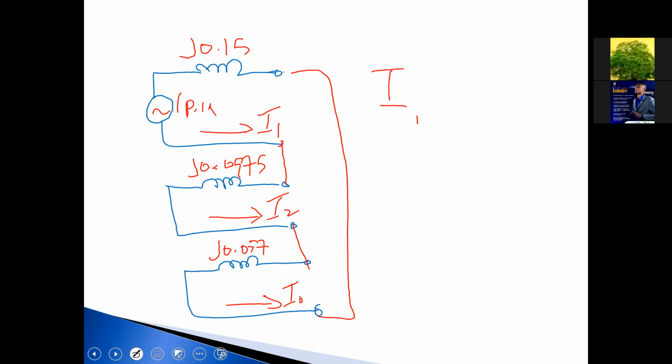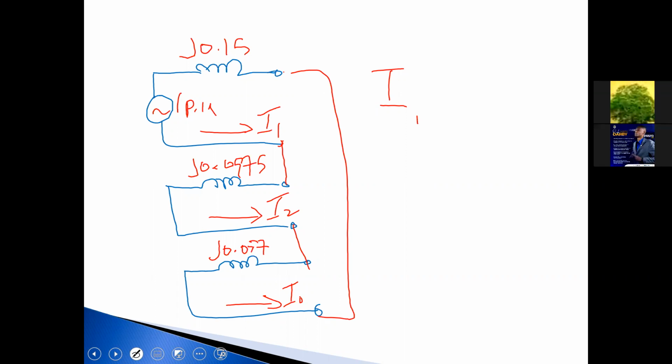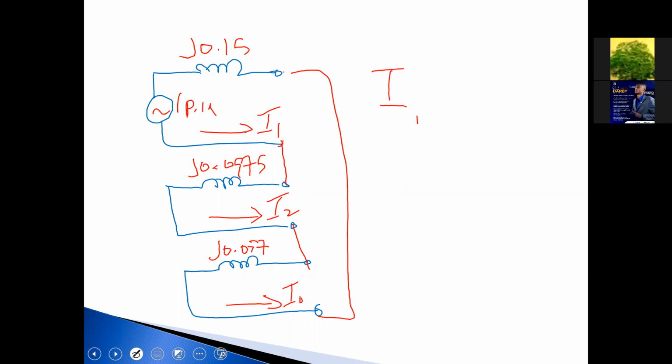I1 is equal to I2 equal to I0, that's the theory. I'm asking you, look at the circuit you have before you, what is I1 equal to? Come on, Mr. Freighter.